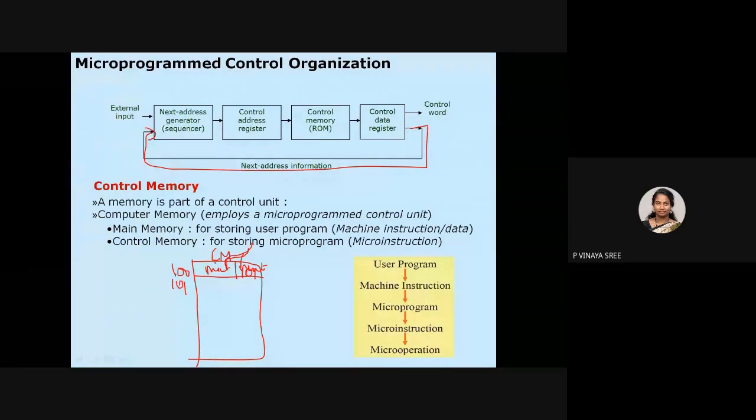So that's the reason the control data register is called a pipeline register. Why? Because at that particular time it is executing the control word, and at the same time it is giving whatever is in the address part to the address sequencer.